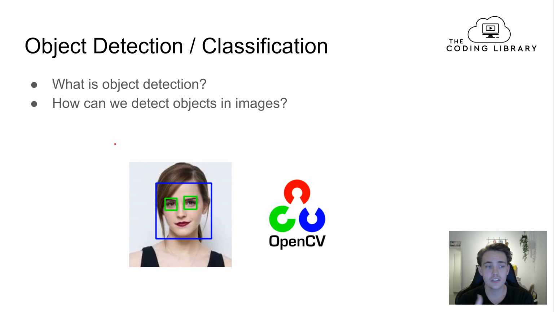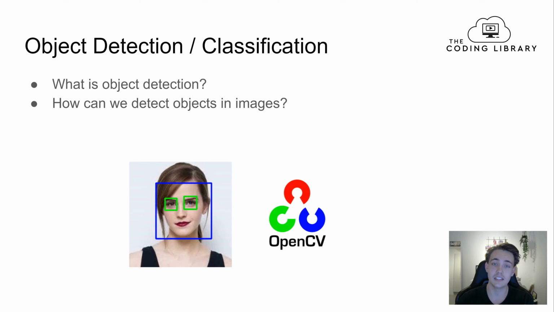First of all, let's start with talking about what object detection is, or trying to classify different kinds of objects in images or also in video frames. So what is object detection really? When we're detecting objects in an image, we're trying to detect a specific object or a lot of different kinds of objects in an image, if you're doing multiple object detections in one image or in a video frame.